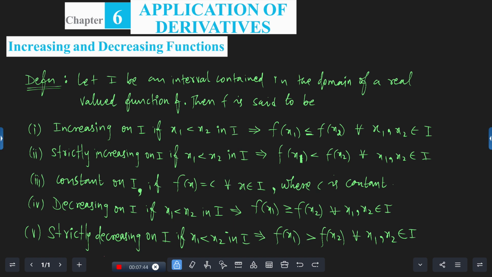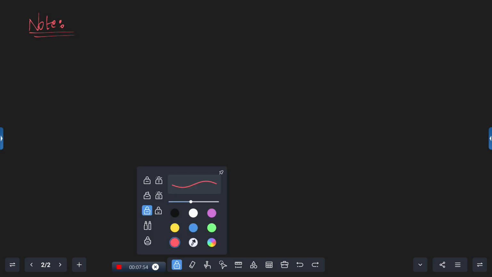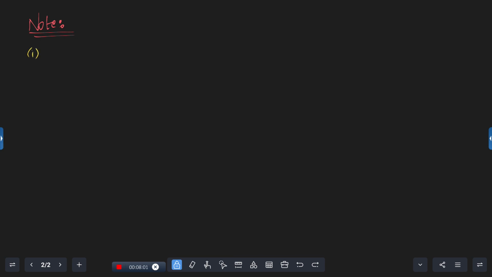I'm moving on to the second part, the diagram. In a diagram, we will see how decreasing, increasing and so on look. Take the diagram in your note. In the note, first, diagram number 1 for a strictly increasing function.